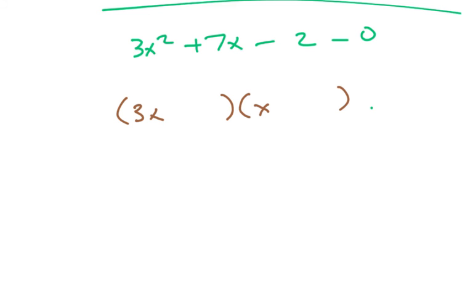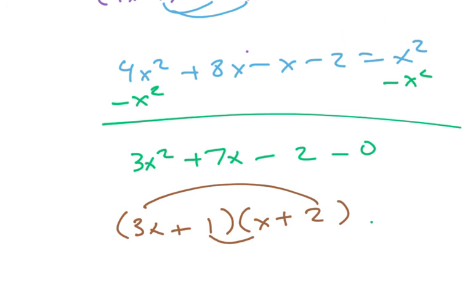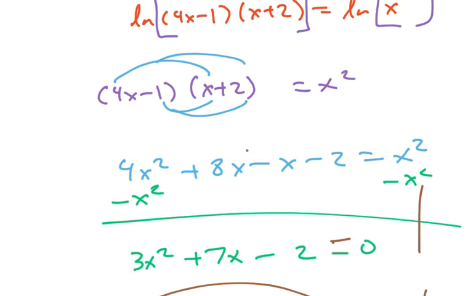3x and x. Now I know I'm going to get 7, so I need this to be 2 and 1 for it to work, because I'll get 6 and 1. And that will get me 7, but 2 is negative. 2 is positive.